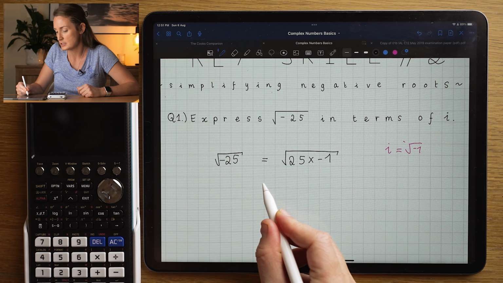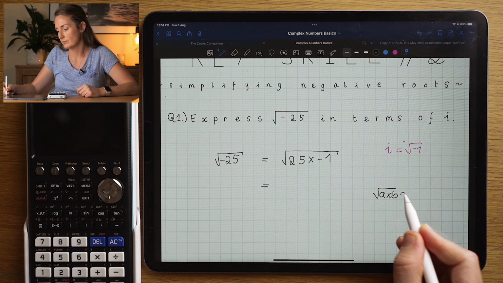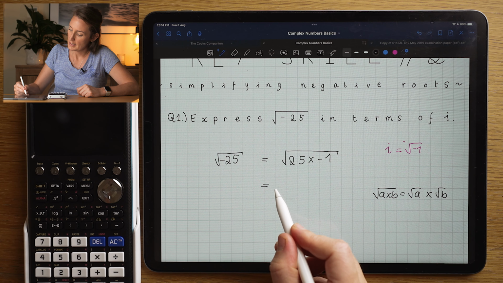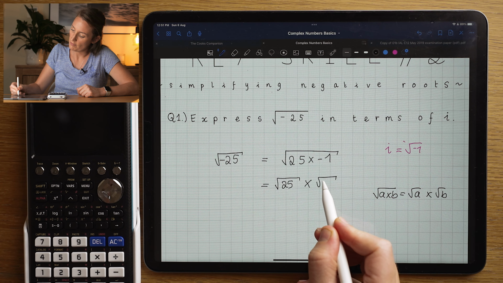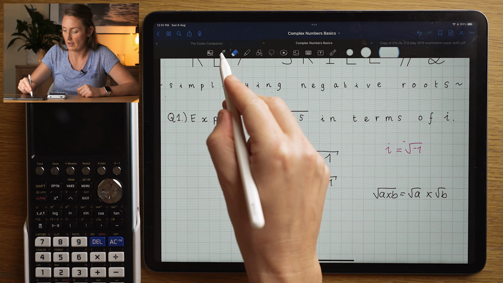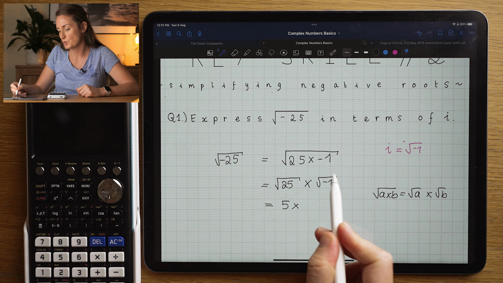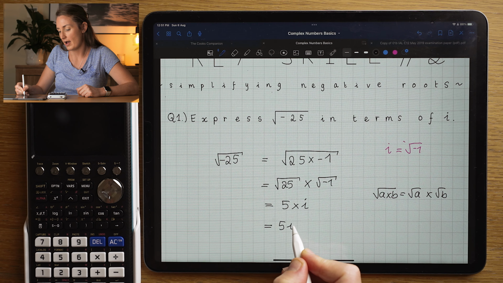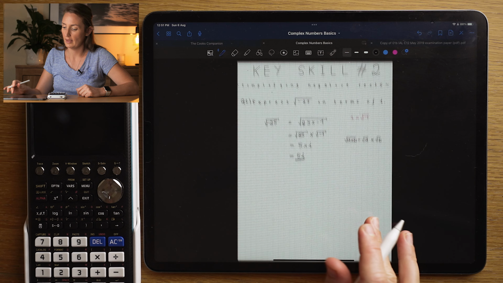Then you're going to split your square root using this rule for surds into the square root of 25 times the square root of -1. The square root of 25 is 5, and we're going to rewrite the square root of -1 as i. So this is going to be 5i. So this has been written as a multiple of i.